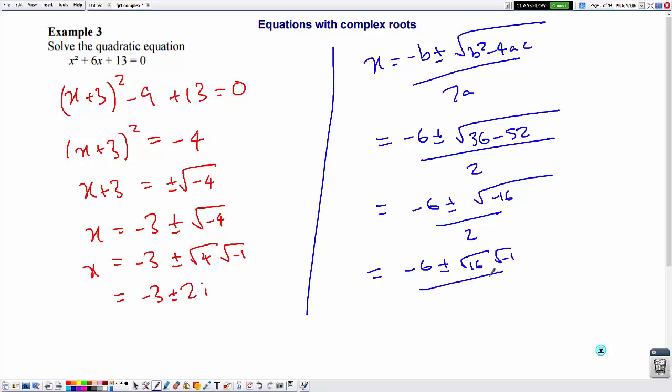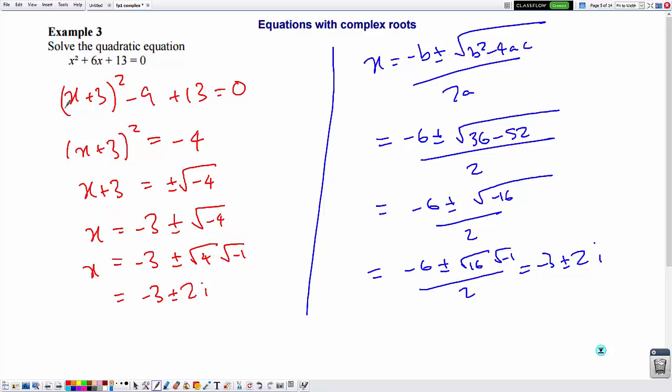Again, you don't need to write out every single step. Let's just simplify all of this. So 4 divided by 2, and minus 6 divided by 2 is minus 3, plus or minus, 4 divided by 2 is 2, and that's an i. And done. Again, this has more steps, but once you know how to do this stuff, it's easier.